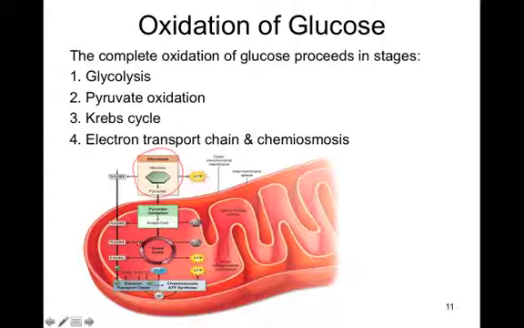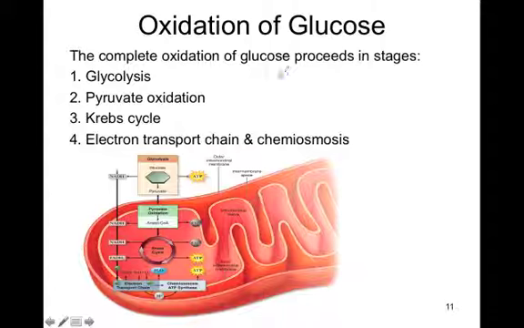The Krebs cycle also occurs inside the mitochondrial matrix. And the electron transport chain will occur crossing the inner mitochondrial membrane. So across this membrane.